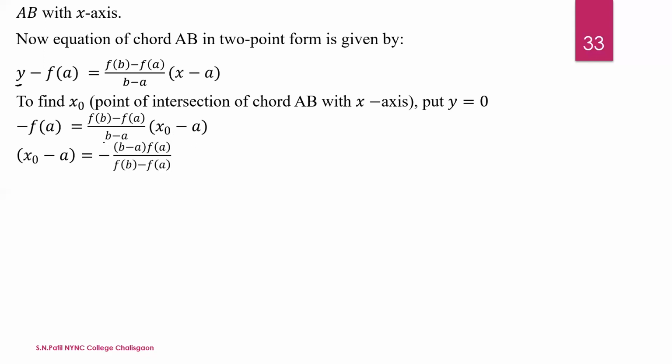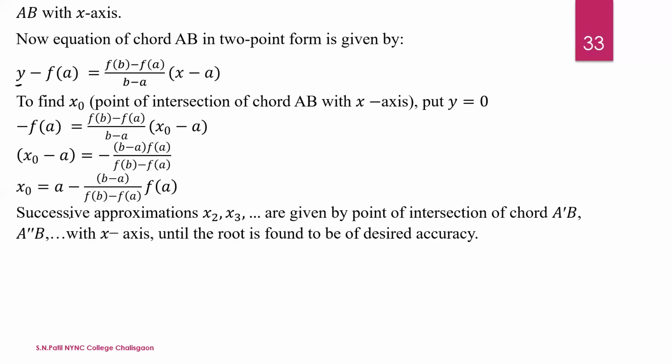Now the denominator b minus a is multiplied here, and f of b minus f of a is divided. That is x0 is equal to, put minus a on the right-hand side. So this is the formula for finding the first false position.